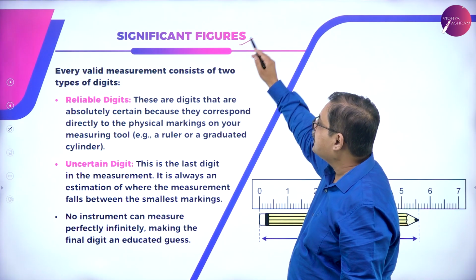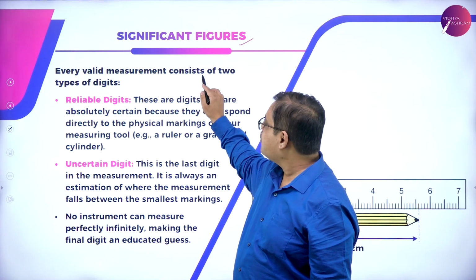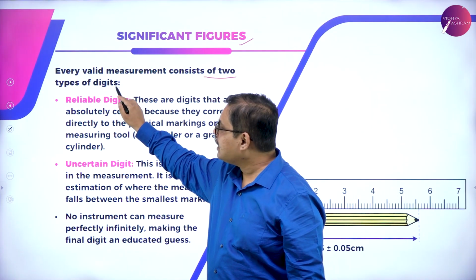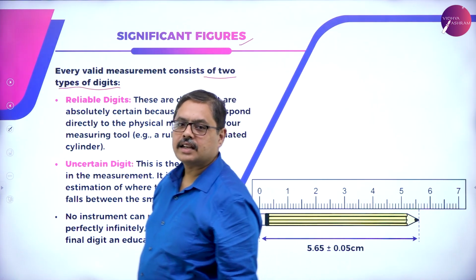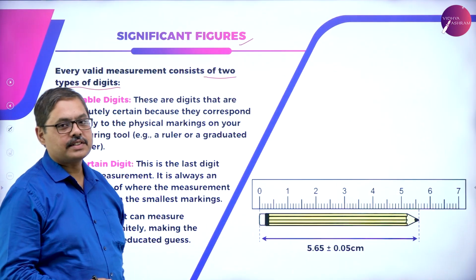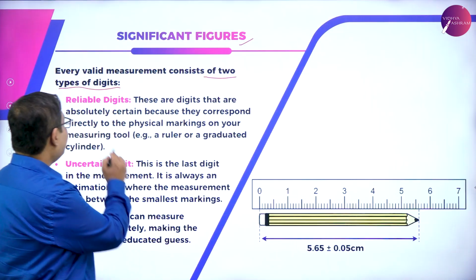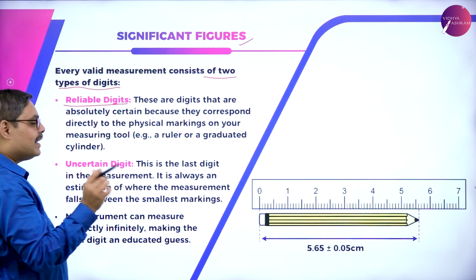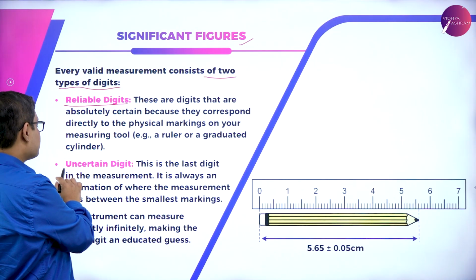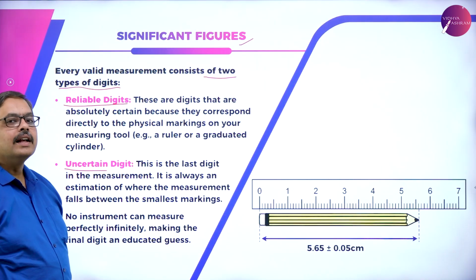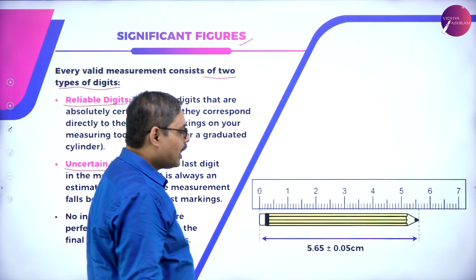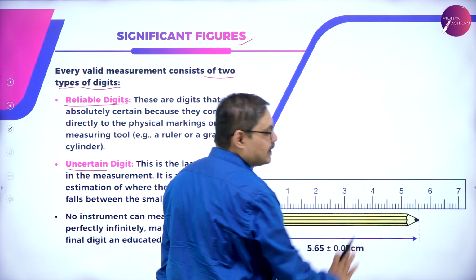Under significant figures, every valid measurement consists of two types of digits. As I told you, the first set of numbers is called the reliable digits, and the last digit in the measurement is called uncertain. Let us take an example. I am measuring the length of a pencil.